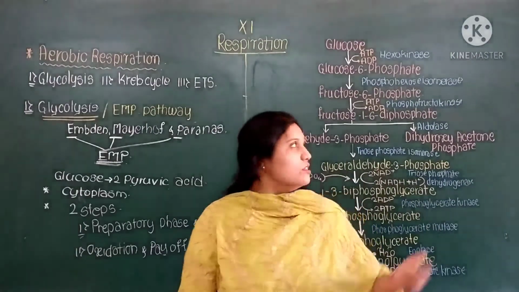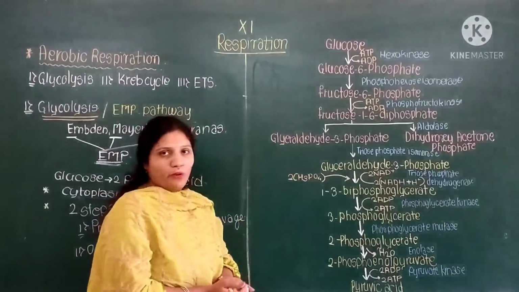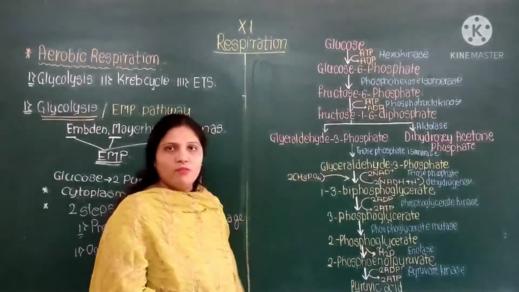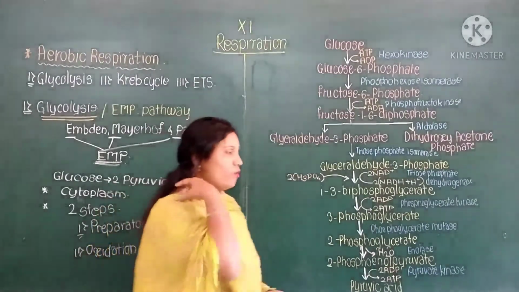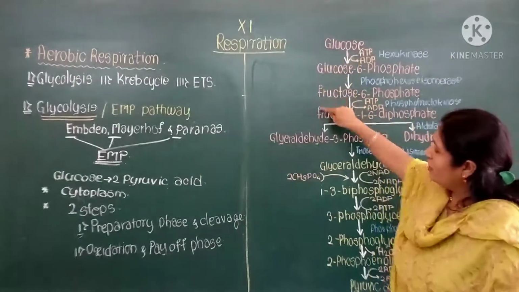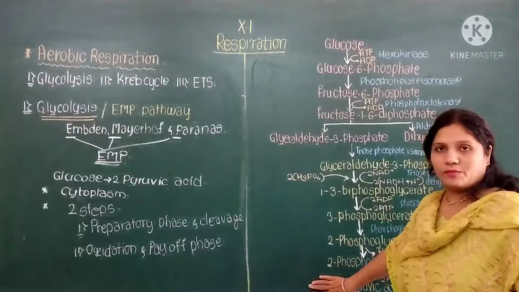Now this is the schematic representation of glycolysis. I have purposely shown different colors here. In glycolysis there are a total of 10 steps: 1, 2, 3, 4, 5, 6, 7, 8, 9, 10.